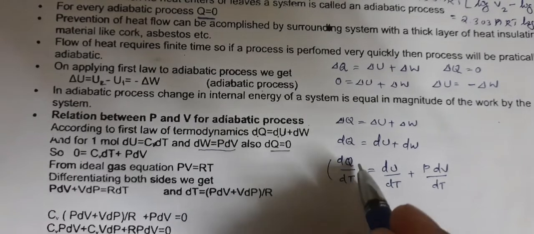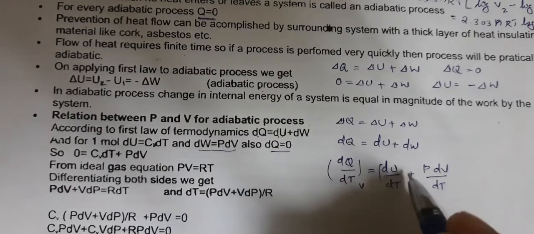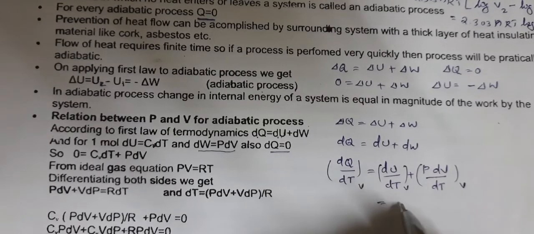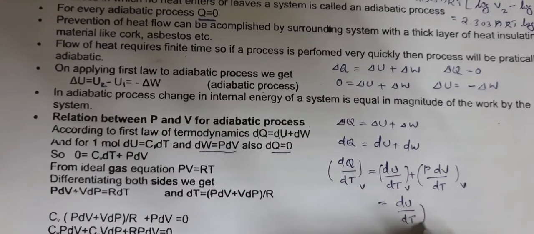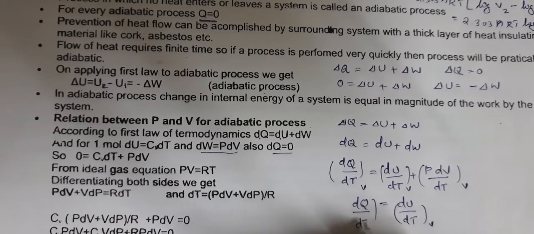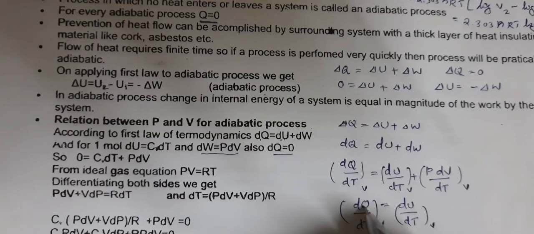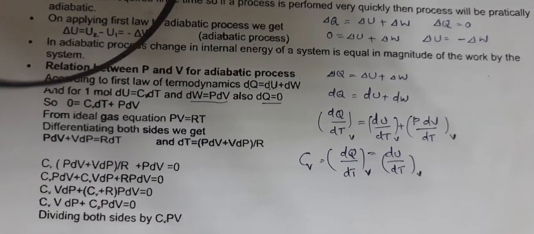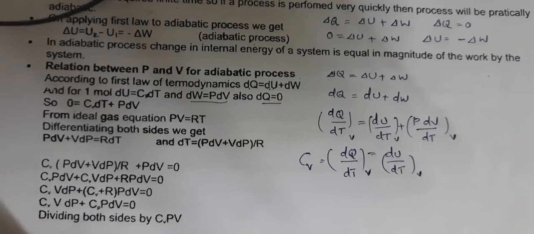Now if I consider this at constant volume, this term becomes 0, then I get dU by dT at constant volume is equal to dQ by dT at constant volume. This dQ by dT at constant volume is nothing but Cv. So Cv is dU by dT at constant volume.